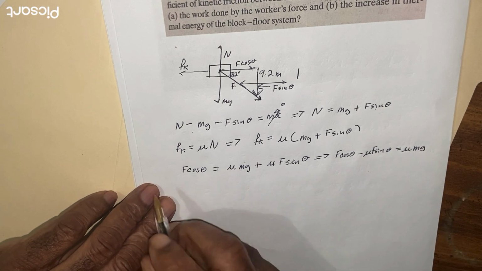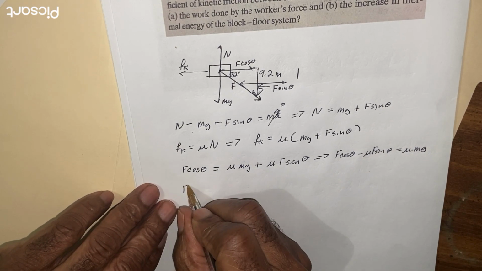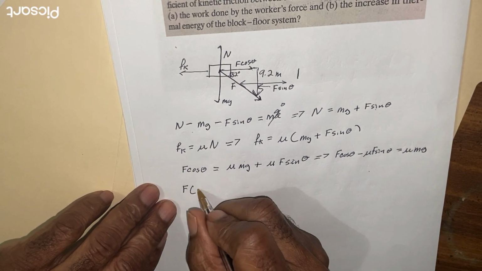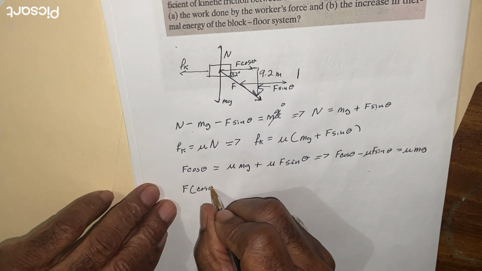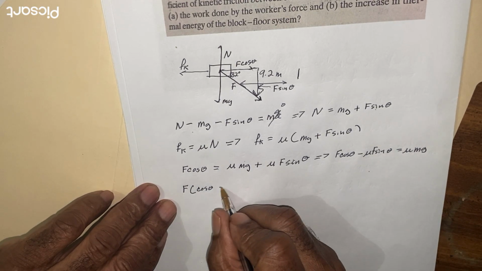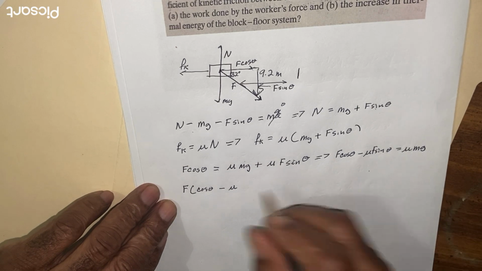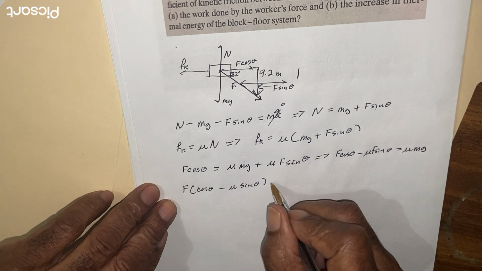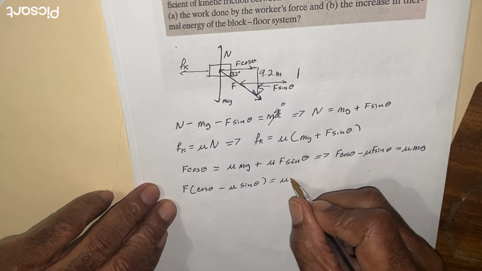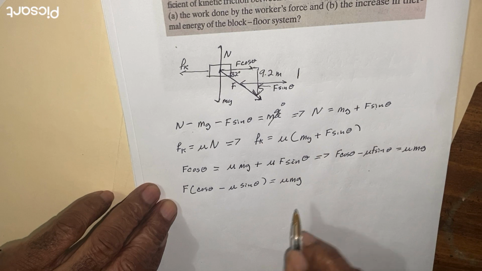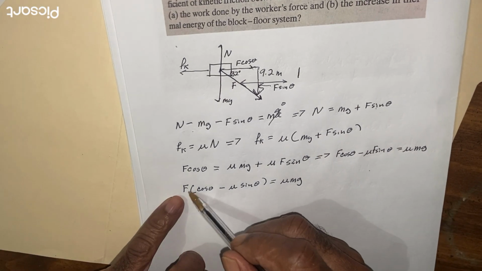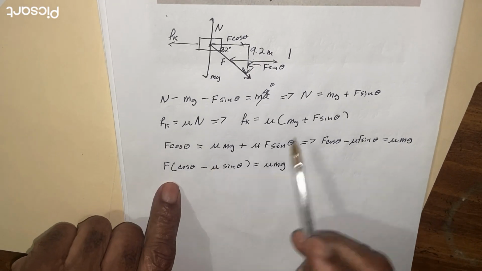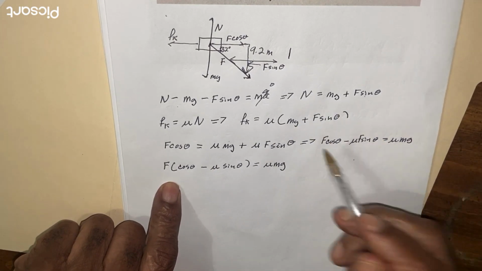We can take F out of this. We'll have F times (cosine theta minus mu sine theta) is equal to mu mg. We're doing all this because we need the force, so we're doing this calculation just to pull the force out of these equations.